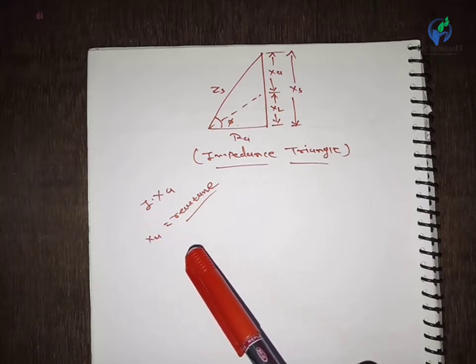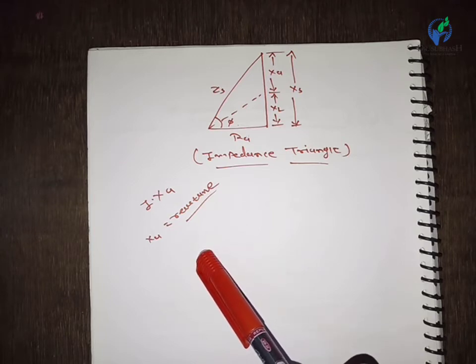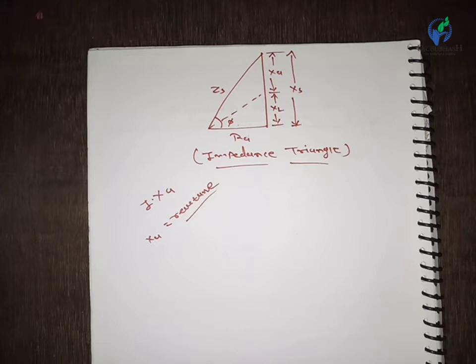This drop I into XA is similar to the leakage reactance, and the two reactances are combined together.